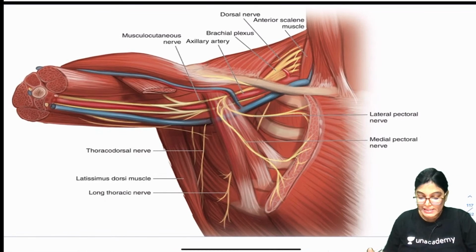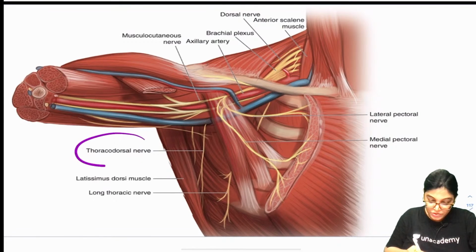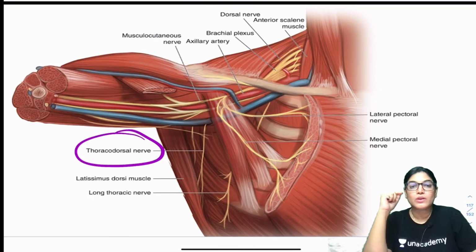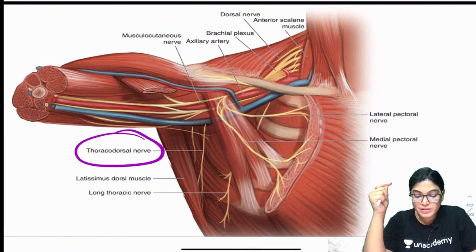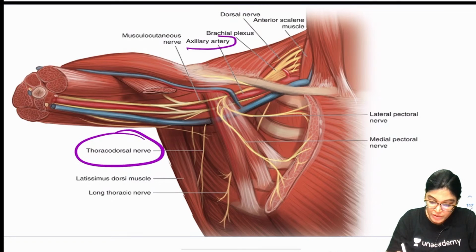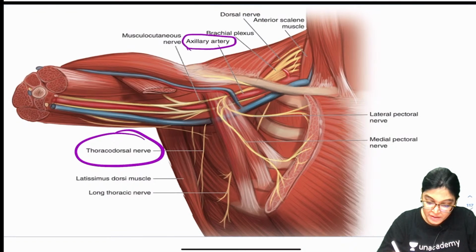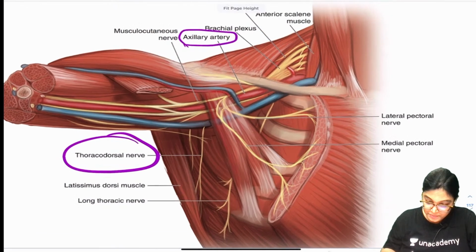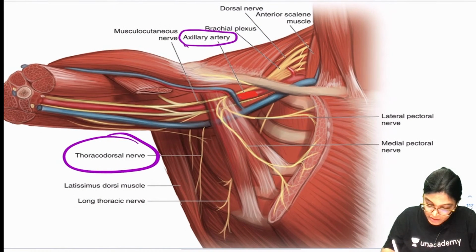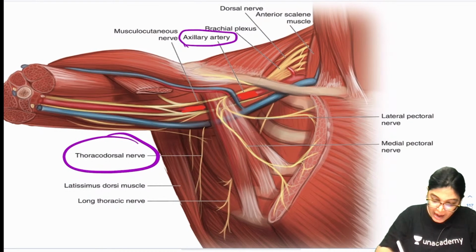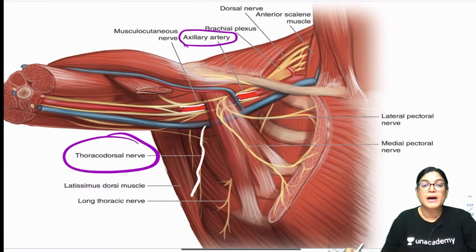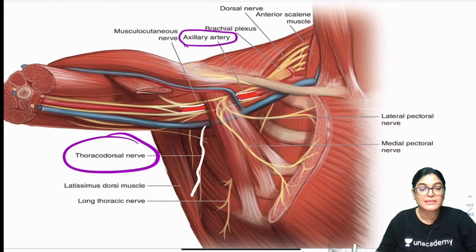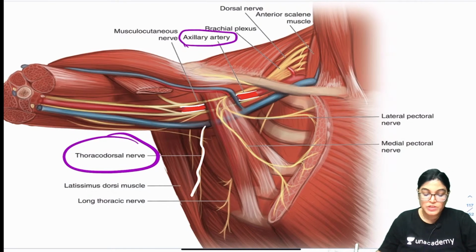So all of you can see the thoracodorsal nerve here. Now the thoracodorsal nerve runs behind the axillary artery. So all of you can appreciate the axillary artery. This structure which you are seeing is the axillary artery, and the nerve which I am highlighting here is passing deep to the axillary artery and running over which muscle?